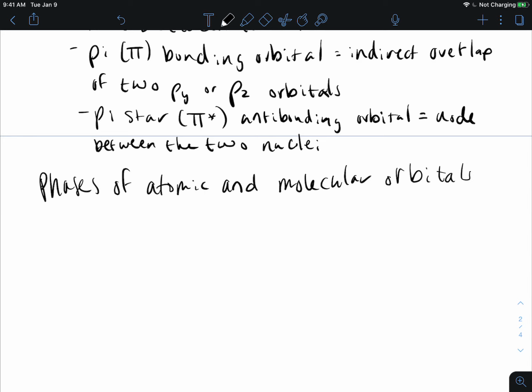If we think about a sine wave, like so, we have a negative phase and a positive phase.